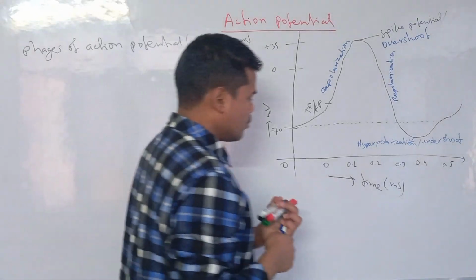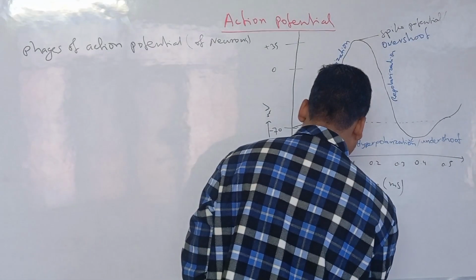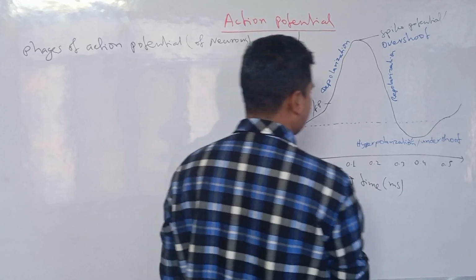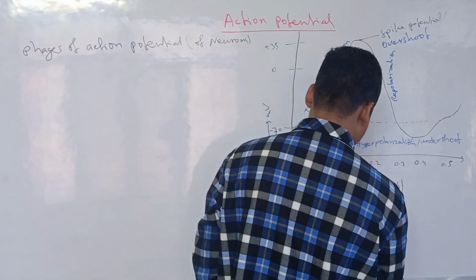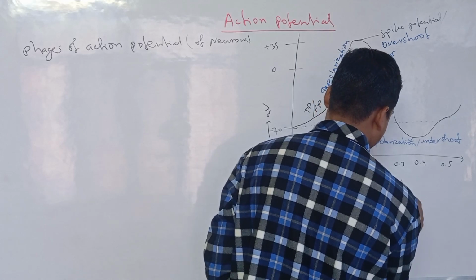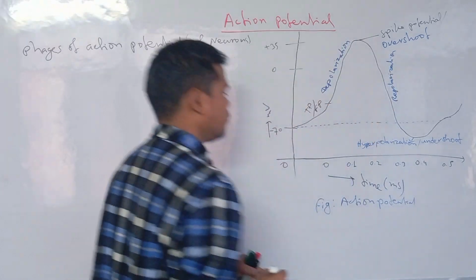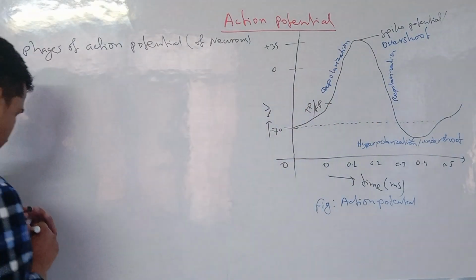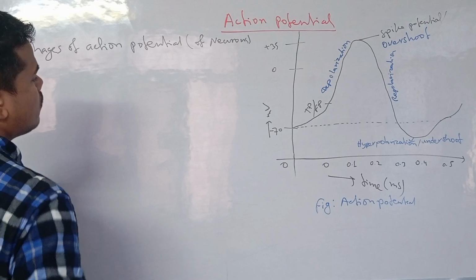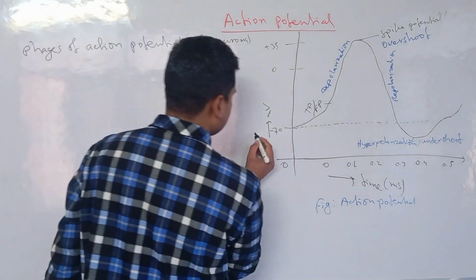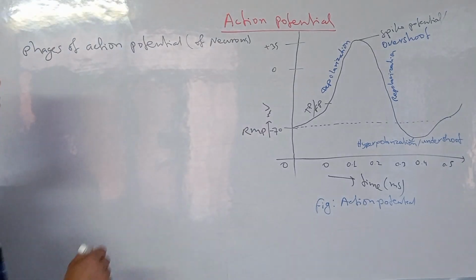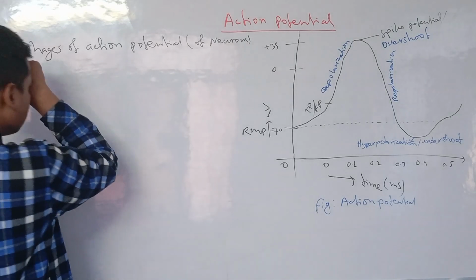And in the exam you should draw the figure of this action potential. You should illustrate the action potential with the figure. So the first phase here is the resting membrane potential of the large fiber, minus 70 millivolts.